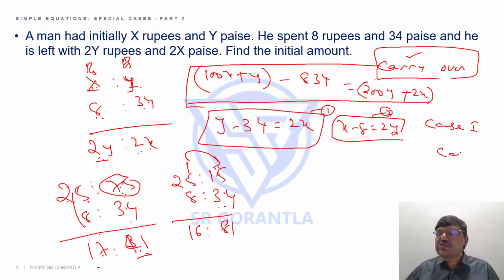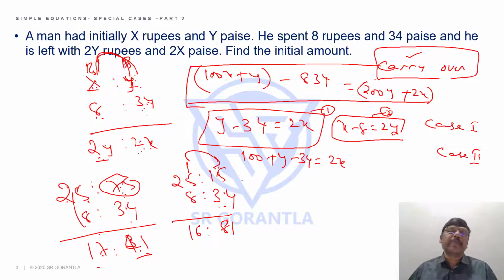There is another case, case 2. What is case 2? If y minus 34, this y may be less than 34, it may not go. I may have to borrow something here. When I borrow 1 rupee, it is 100 paise, so 100 plus y paise minus 34 paise equals 2x paise, one equation.